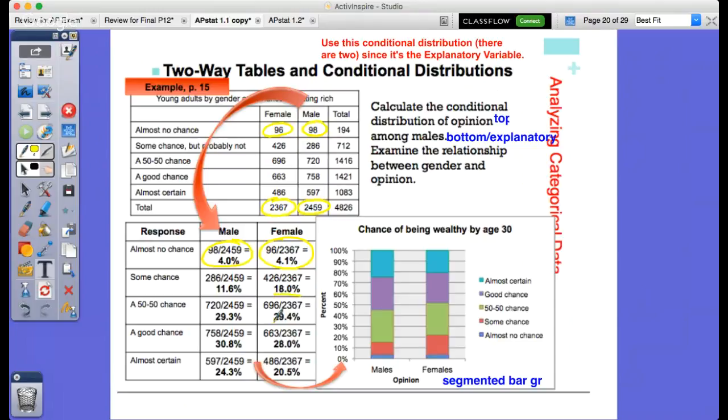And then we just went straight down. And what this allows us to do is to find the word again, we talked about it earlier, the association between males and females and their perception on whether they would be rich or not, and their likelihood of being rich.